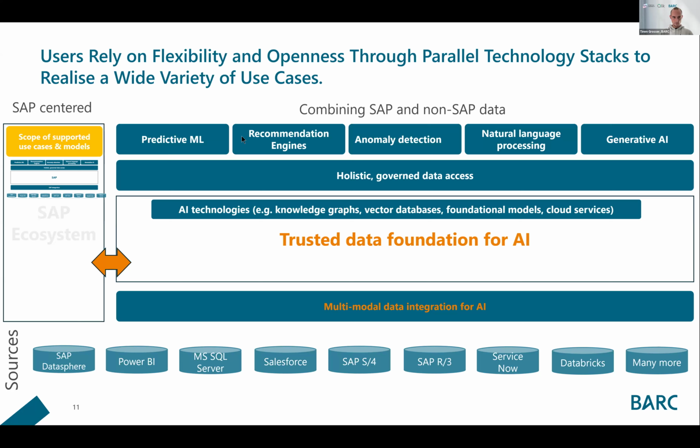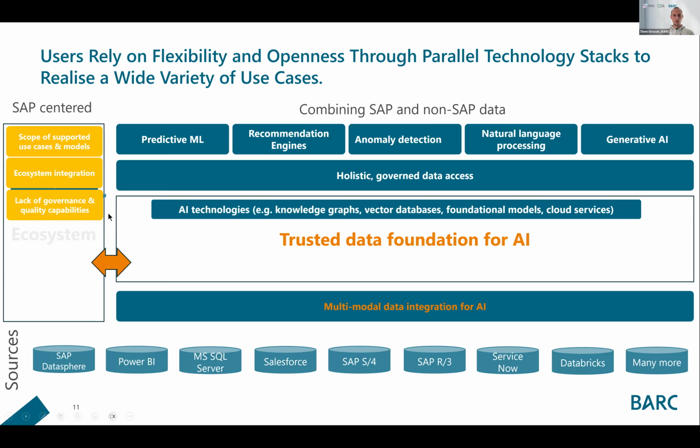Second is the ecosystem integration, for example, because we do not use only SAP tools or SAP certified tools to do our analysis, because we have lots of data scientists out there and other AI skilled persons that would use the tools they think are the best for their use cases.